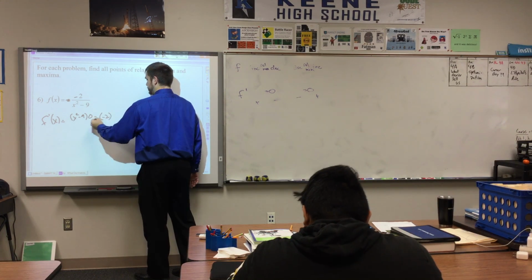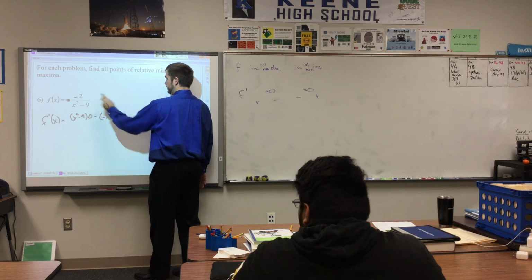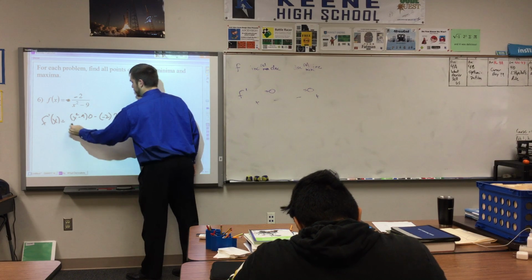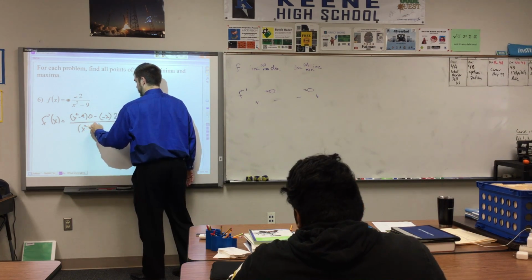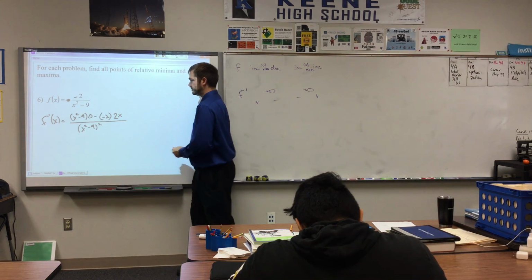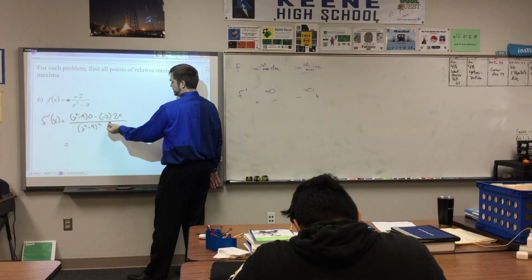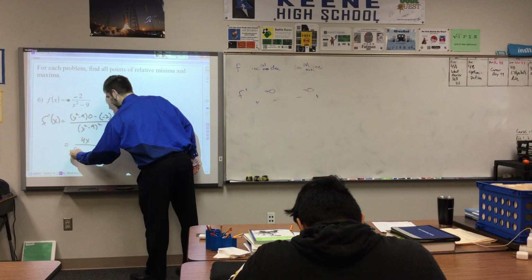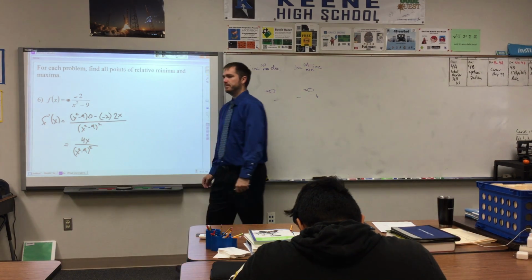I'll put it in parentheses because this minus here is part of the formula. D low, what's the derivative of x squared minus 9? 2x. Over low squared, so x squared minus 9 squared. So negative times a negative is positive, so it looks like we have 4x in the numerator and x squared minus 9 squared in the denominator.